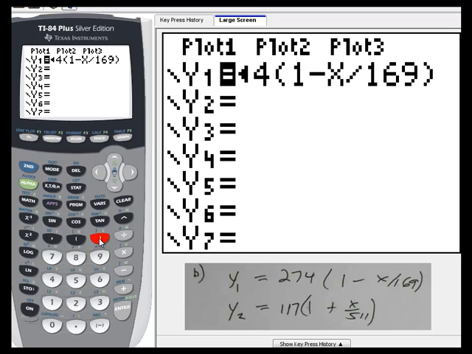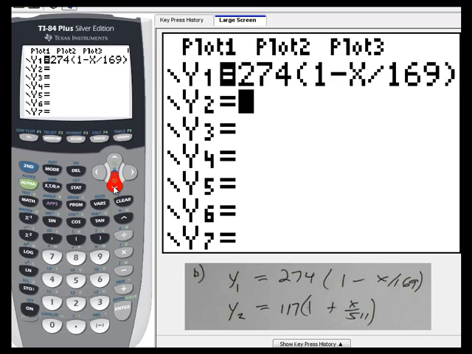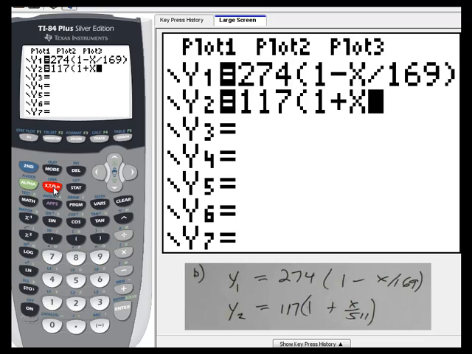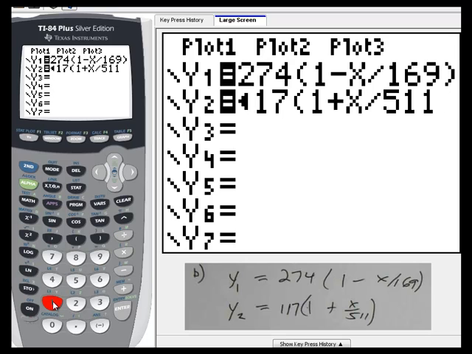Parenthesis. Okay, let's go down to y2, where we have 117 parenthesis 1 plus x divided by 511 parenthesis.